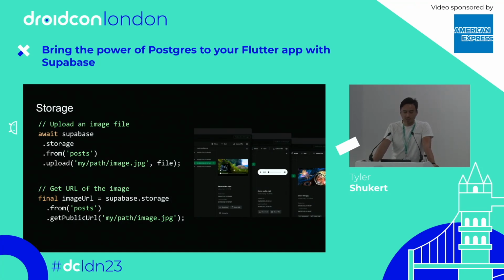And then we can call the upload method to specify which path we want to upload it to and the file that we want to upload to the storage bucket. Getting the URL of the image is similar. We start by supabase.storage.from, specify the bucket, and then we can just call the get public URL method to get the URL of the image.